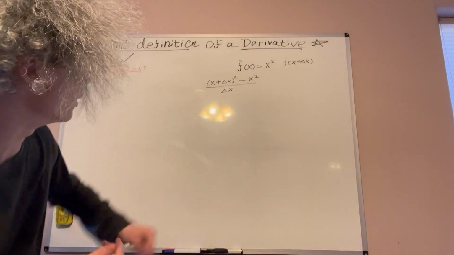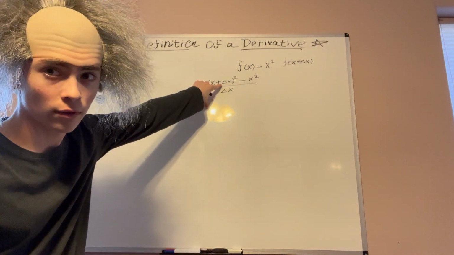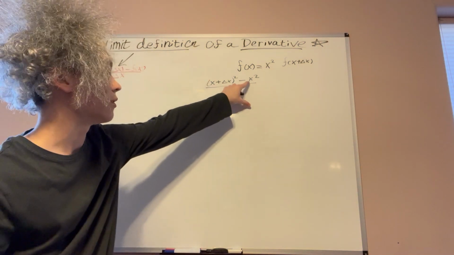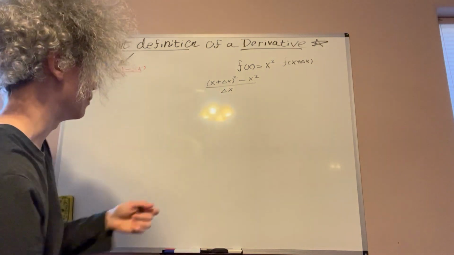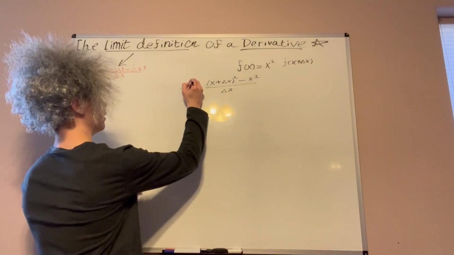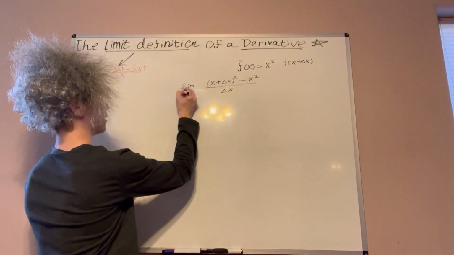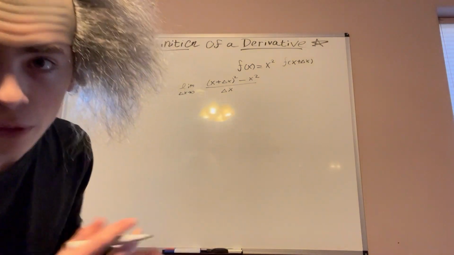It says, in parentheses, quantity x plus delta x squared minus x squared, just our f of x, over delta x. And now I'm going to take the limit as delta x approaches 0 of this new difference quotient.